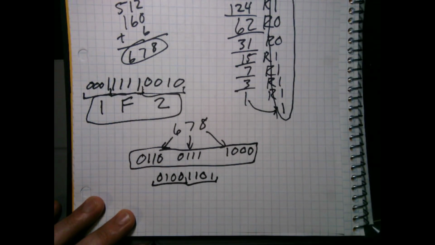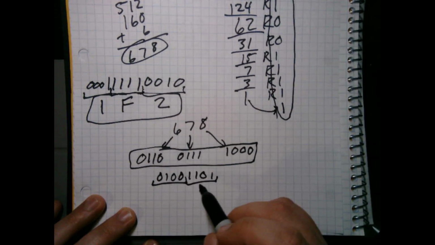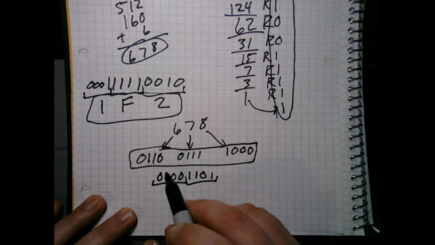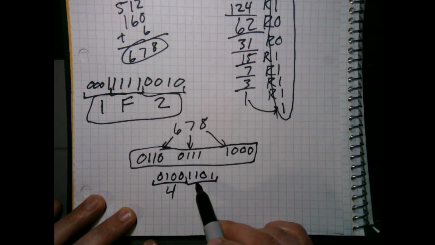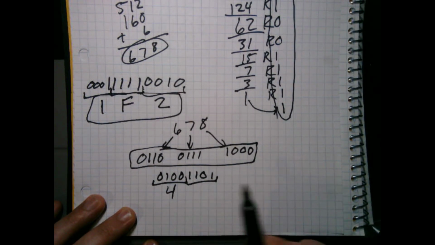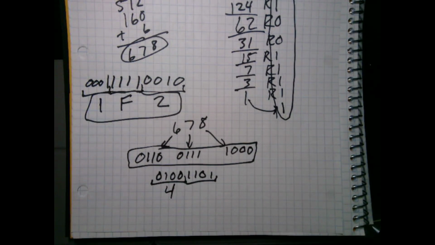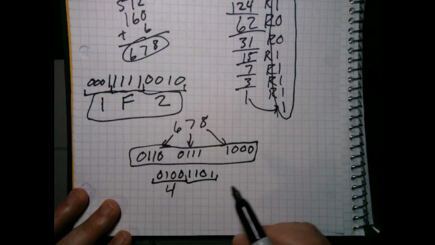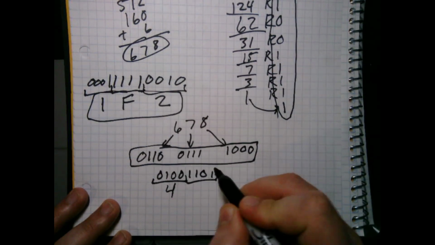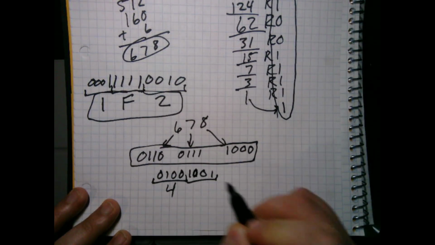Now here's the tricky thing. The number I wrote here actually is not valid, and you'll notice this is fine. Okay, this is just 4. This, however, is 8 plus 4 plus 1, which is 13. Think of that as a garbage number. It's not allowed in BCD. You would never see this number in BCD. So if I wanted to make this a valid number, I could, let's just say, convert this 1 here to a 0.